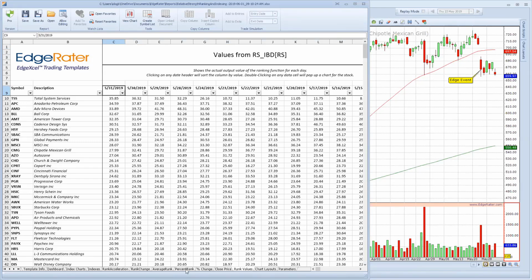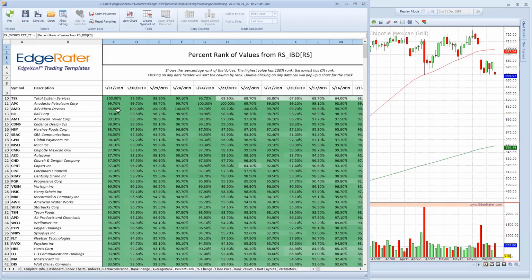So if we go to percent rank, it should be exactly the same ordering. Okay, that is definitive. It should be the same ordering, but now the number that it gives in the cell is not the actual output of the ranking function, but it is a percent rank.